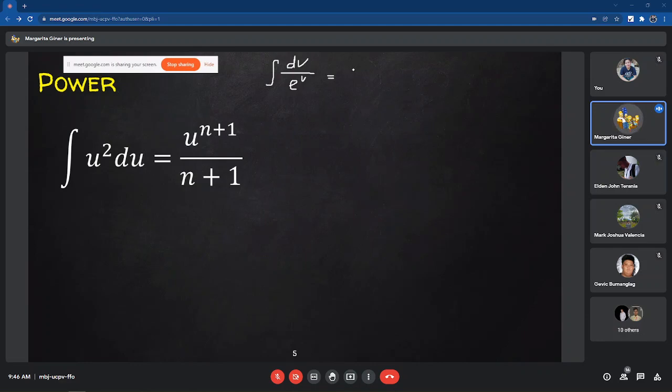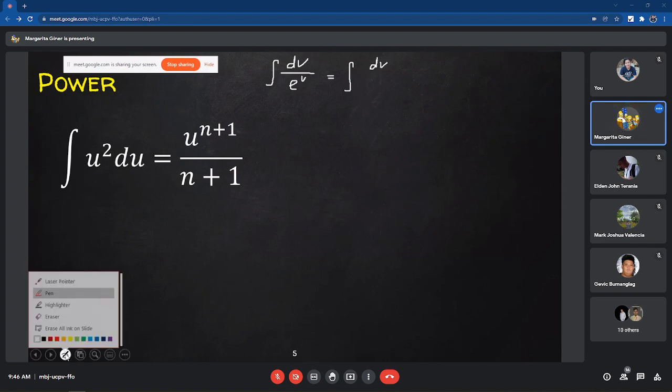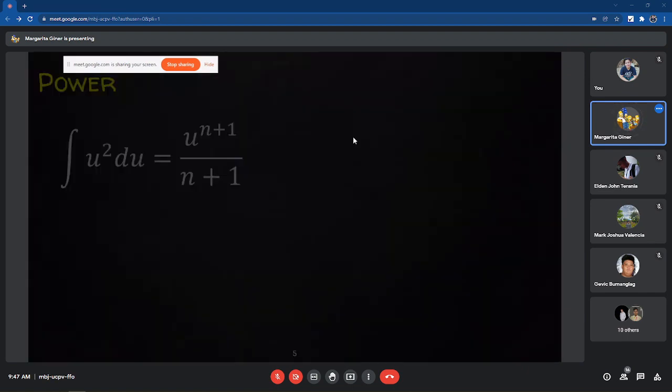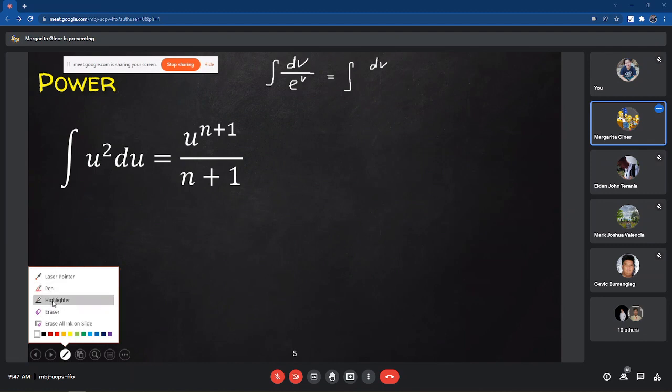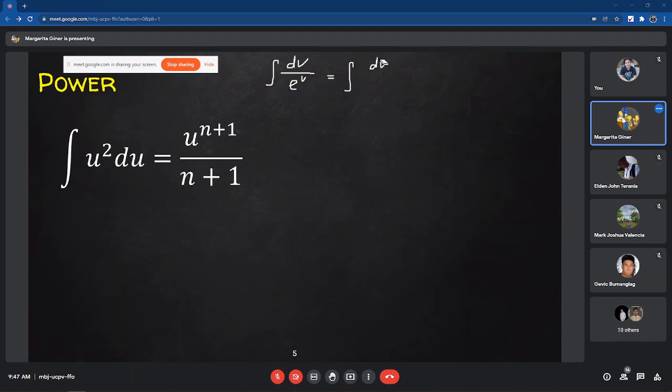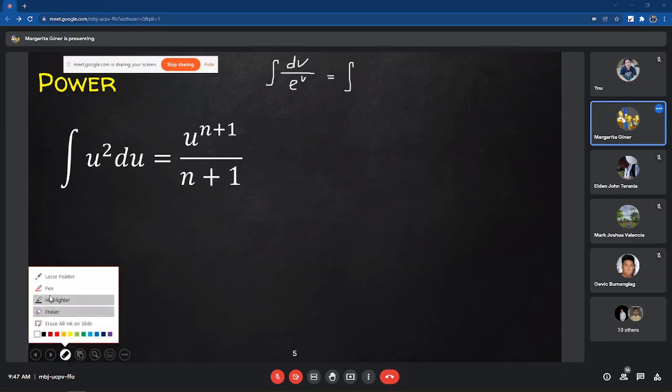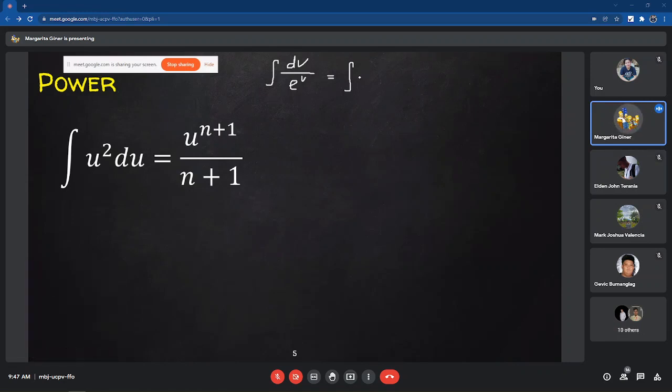So this will become the antiderivative of, the variable or the exponential goes up, so e raised to negative v, and then you multiply it by dv.